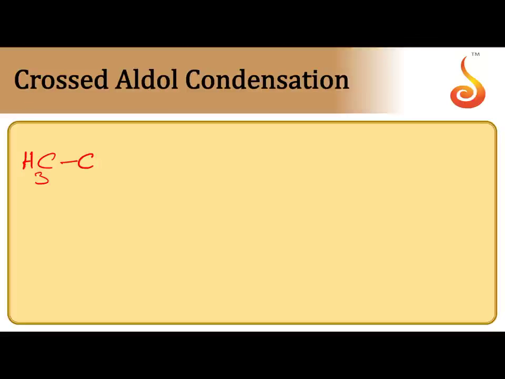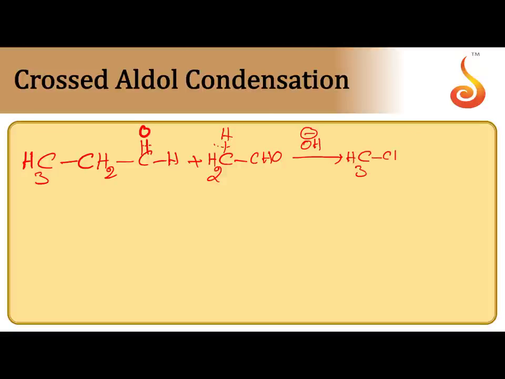Let us take propanaldehyde and acetaldehyde. One is propanaldehyde, another one is acetaldehyde. In the reaction between these two, when dilute alkali is added, alpha hydrogen migrated to oxygen indirectly, producing aldol.